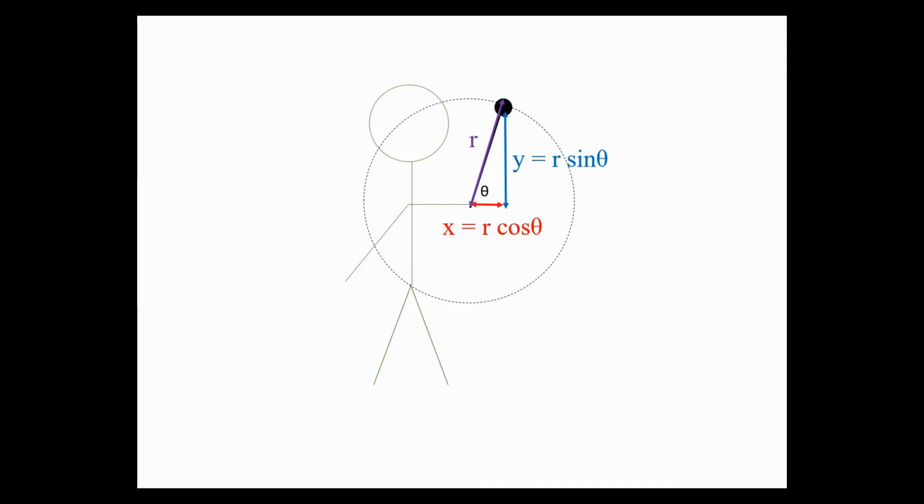The main reason I bring this up is that when we start doing the track on these, you're going to notice that the position versus time functions start looking like sines and cosines. That's not an accident. That's because our x position is r cosine theta, and our y position is r sine theta. Even if I'm rotating over here on this side, we still have about the same radius. We have a new angle theta here, measured with respect to the positive x-axis.